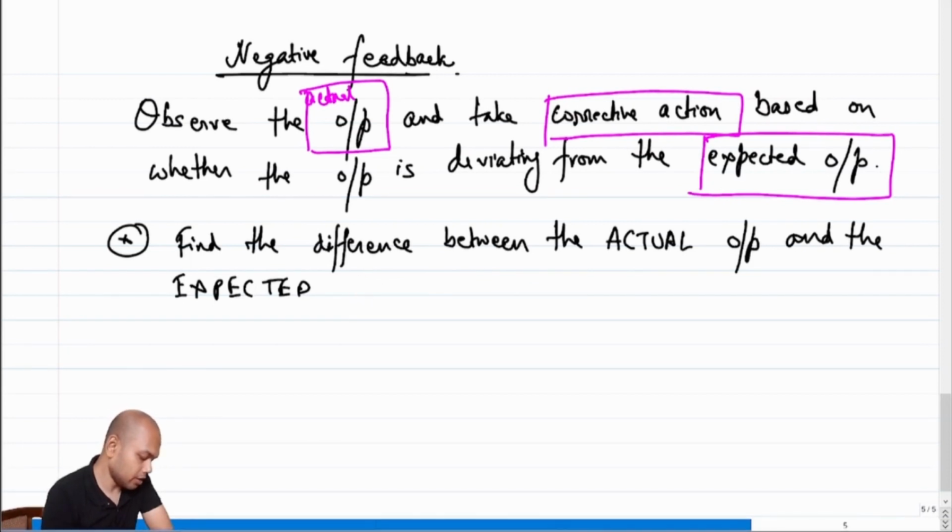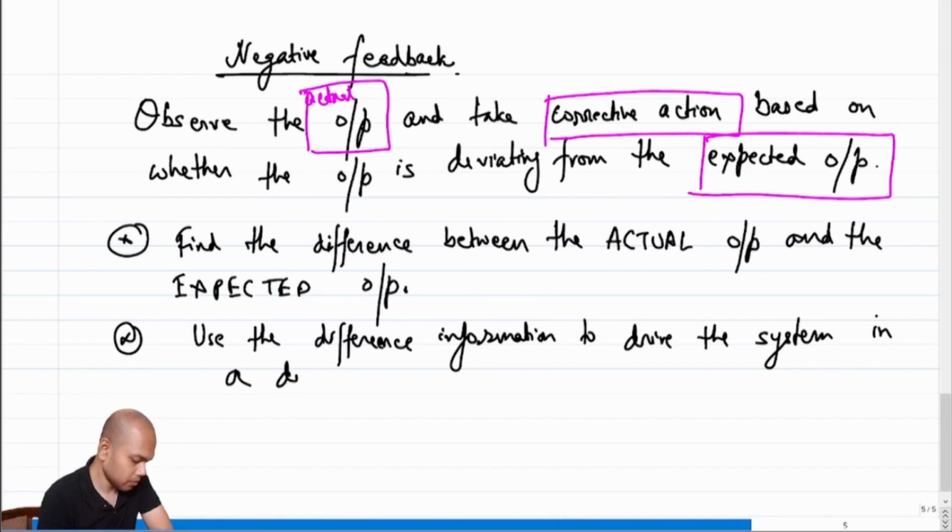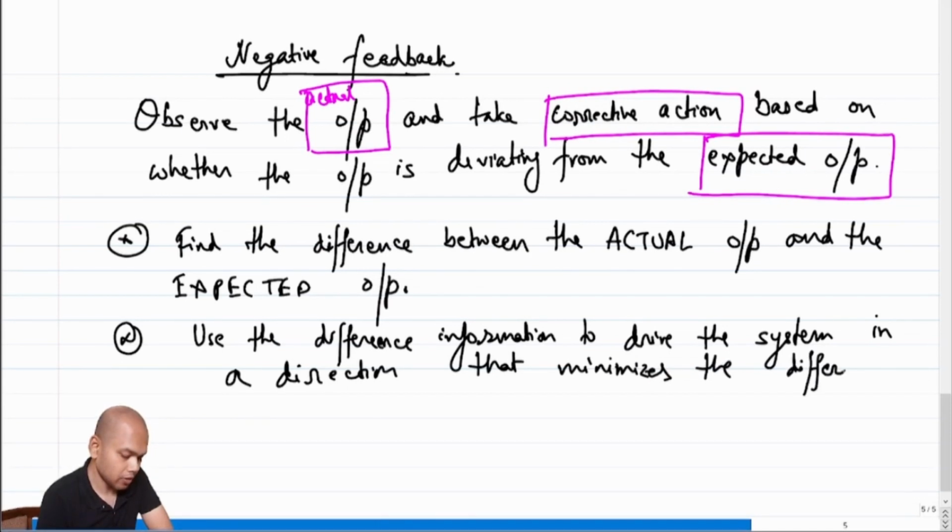Number two, use the difference information to drive the system in a direction that reduces the difference, right?